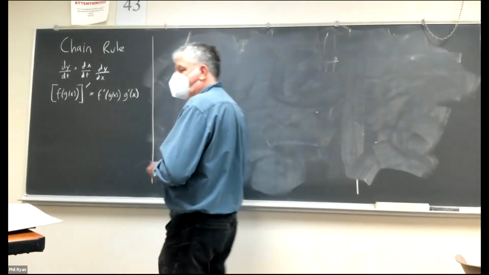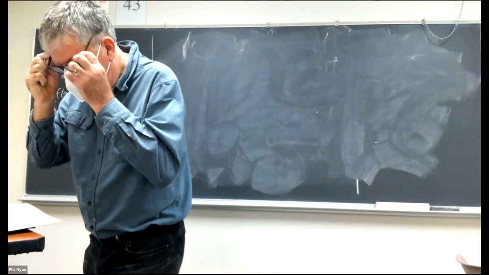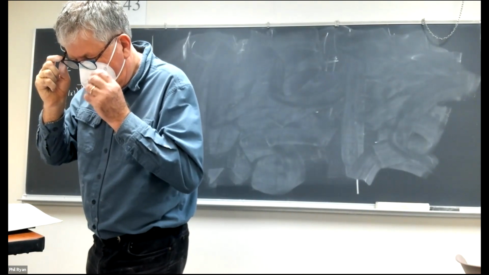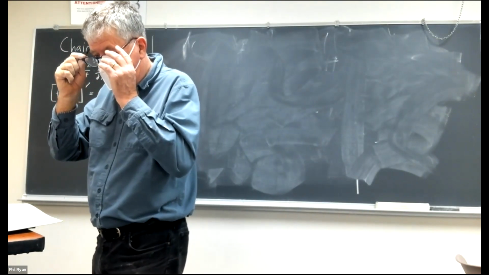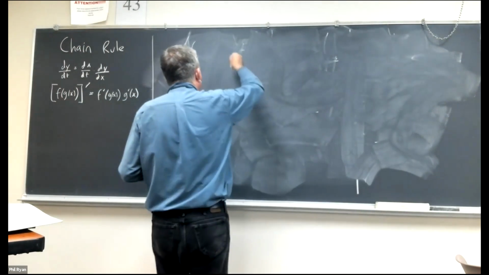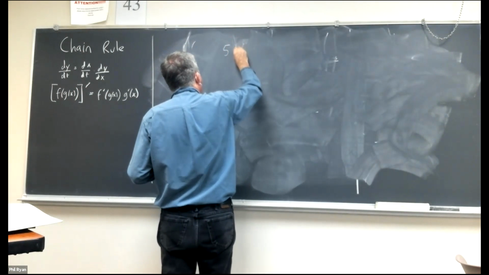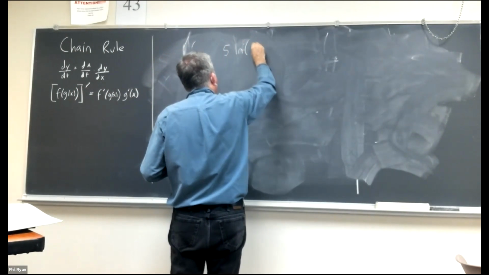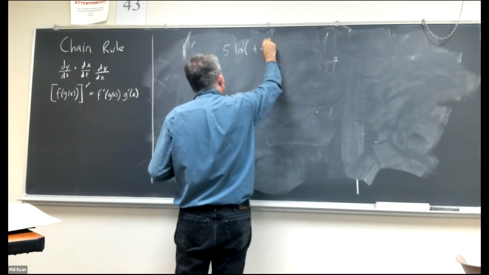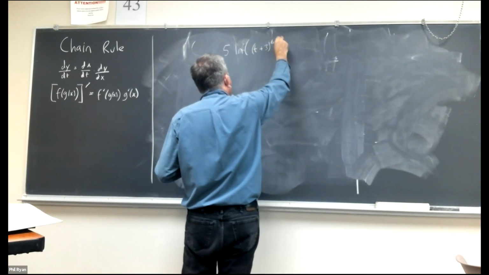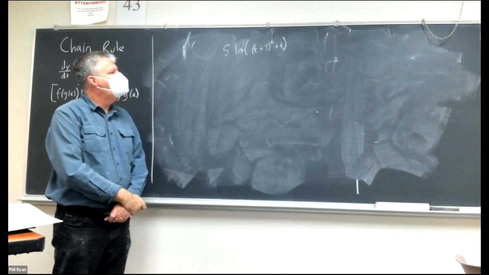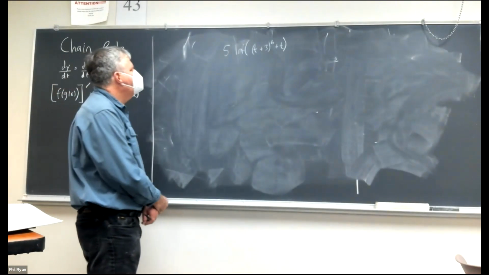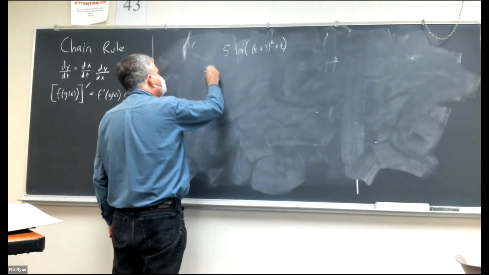We could have some kind of function like 5 ln t plus 3 to the 6 plus t. Looks kind of complicated, but we have t.